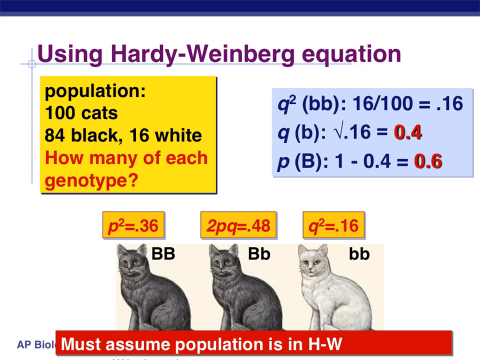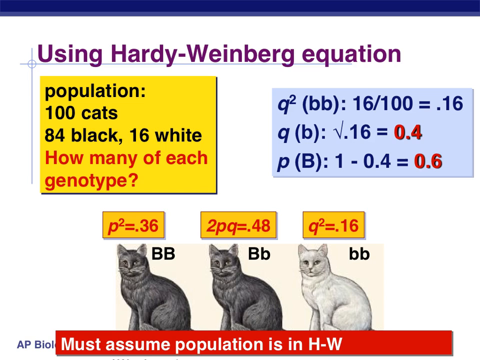It means that our cats that are homozygous dominant will be black, but our cats that are heterozygous will also be black. So if we start using our equations from this end, we're going to get the wrong answer because we can't separate which ones are dominant versus heterozygotes just yet. So when we work with Hardy-Weinberg, we always start with our recessive traits, and we work backwards.